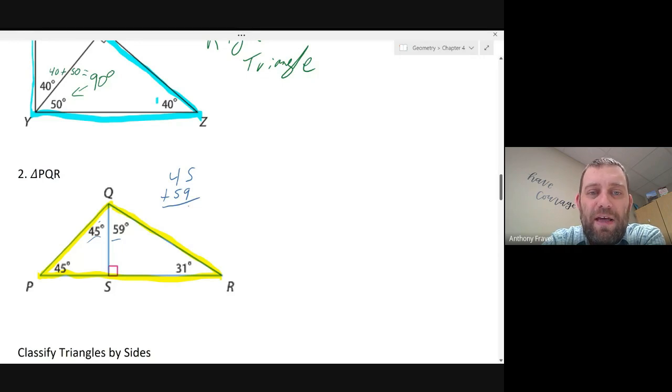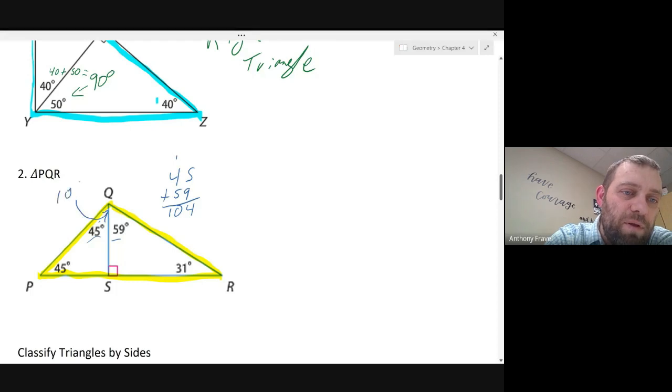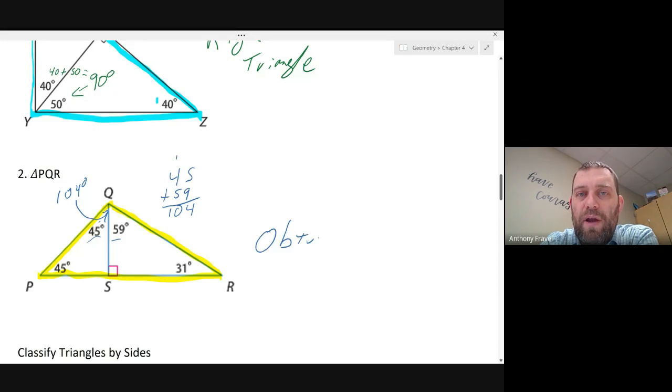If I add those together, that's 14, carry the 1, I get 104 degrees. This angle right here, I'll make a little arrow that lets you know it is 104 degrees. Because that's 104 degrees, that is bigger than 90, that makes this triangle an obtuse triangle.